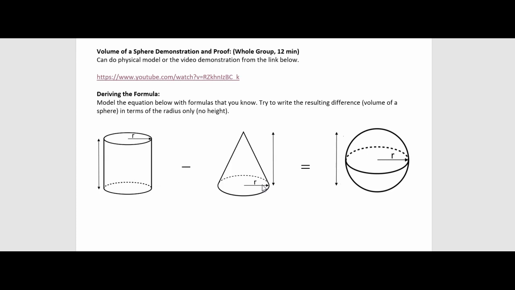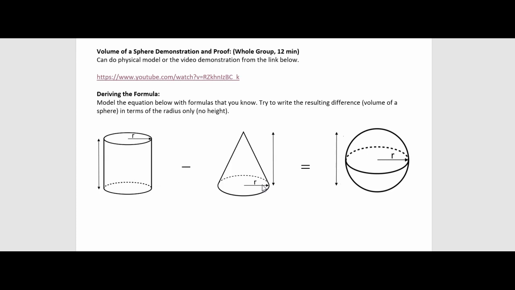We actually already know that it would take 3 cones. In our last video, we saw that 3 cones fill one cylinder if they have the same height and radius. Now we're going to see how many spheres it would take to fill a cylinder. Would it take 1 sphere, 2 spheres, 3 spheres?